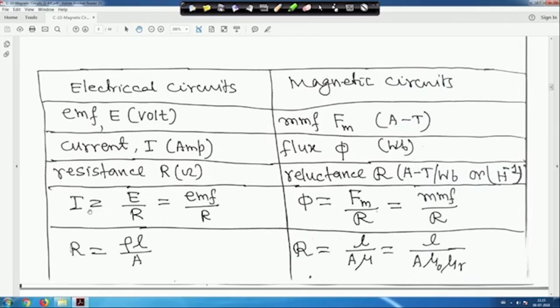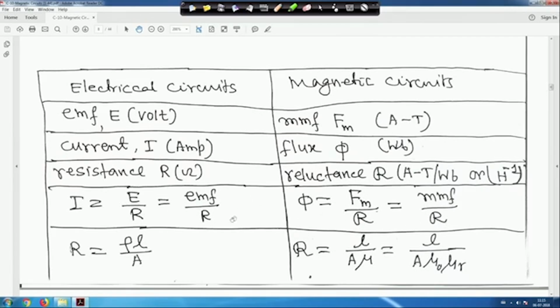And current I is equal to E by R, that is EMF upon R, and here flux is analogous, phi is equal to Fm upon R. Because Fm is analogous to E and reluctance R is analogous to resistance. So this is what we call mmf upon reluctance, right?